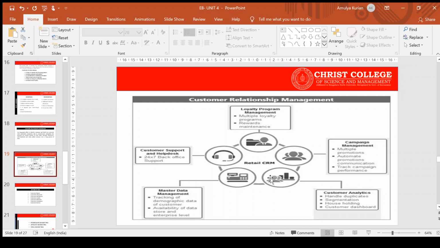And master data management, it will be mainly focusing on collecting the data, demographic characteristics of the customers. And next, there are many support systems offered under customer relationship management, like customer support and help desk for 24 hours, 7 days. So these are some of the programs which come under customer relationship management.